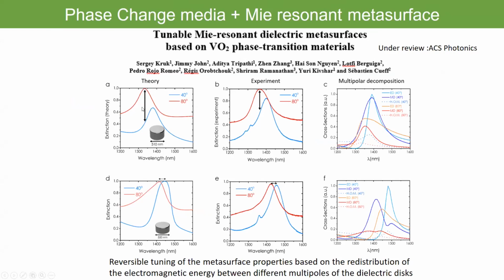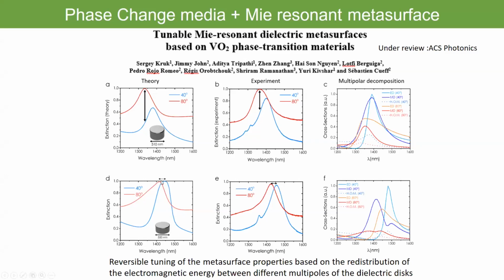This modulation was pretty high theoretically, and experimentally it was not as high, but still the modulation was pretty sharp, which could be very useful for making a kind of switch.